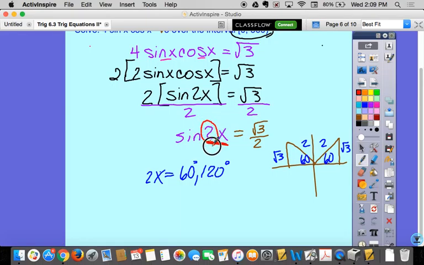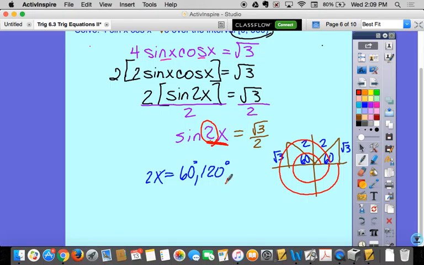Let this number here tell you how many rotations you have to consider. We're used to doing the 0 to 360, the first circle, right? Well, we need to do another circle, and I'll show you why in just a second.